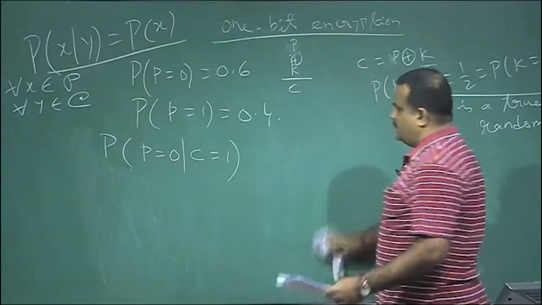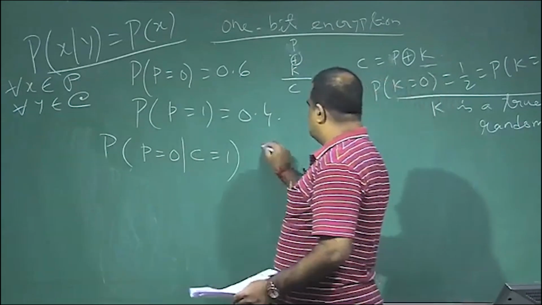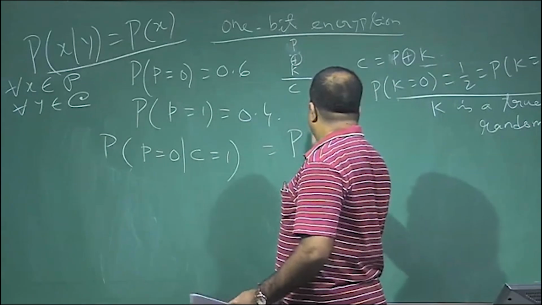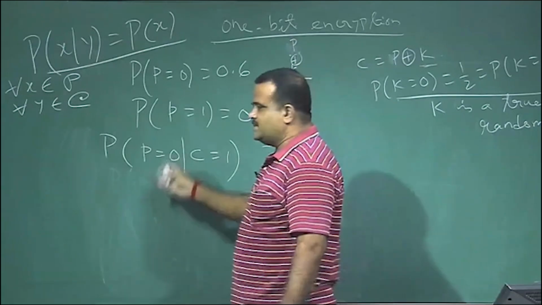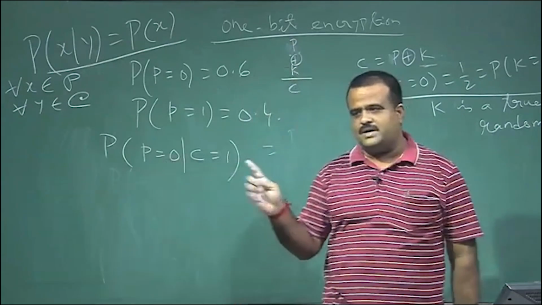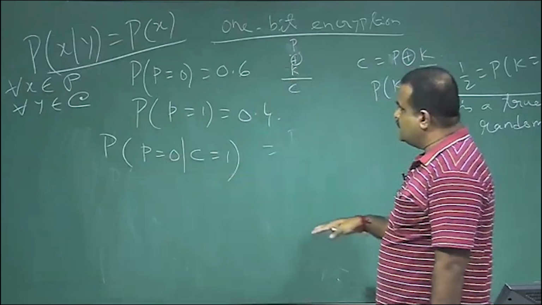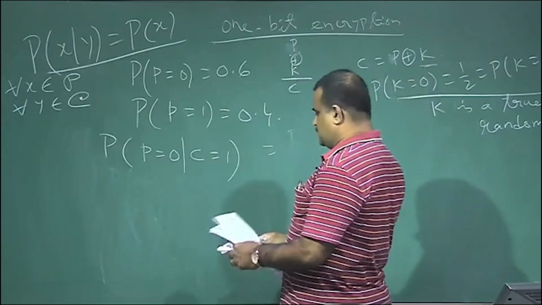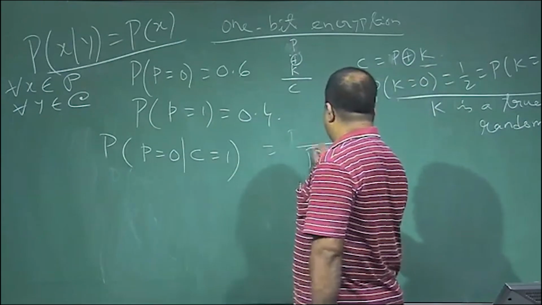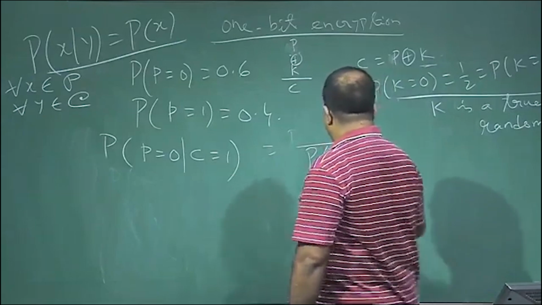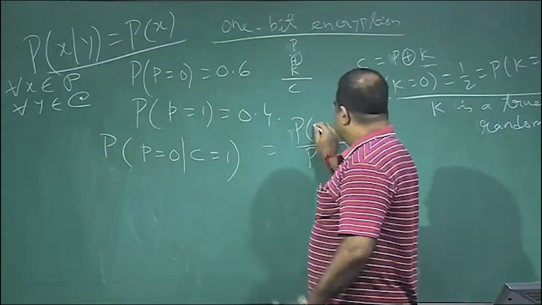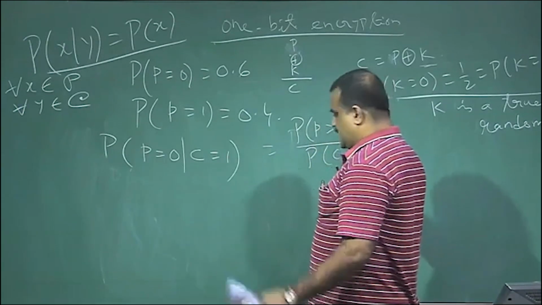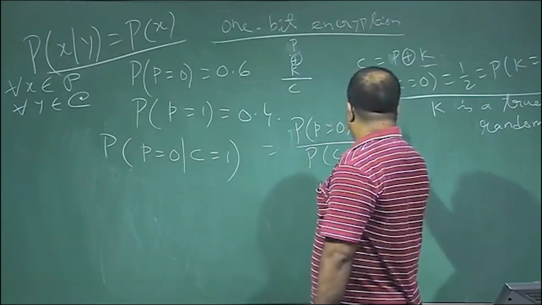This is a conditional probability, so the probability of A given B is the probability of A intersection B divided by the probability of B. So this is the probability of C equal to 1 in the denominator, and the numerator is the probability of P equal to 0 and C equal to 1.